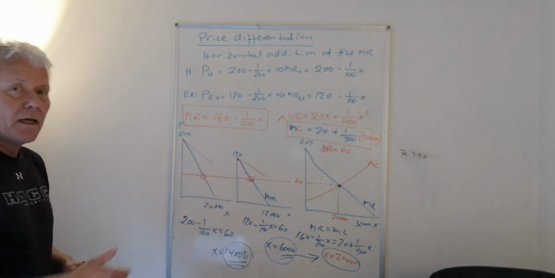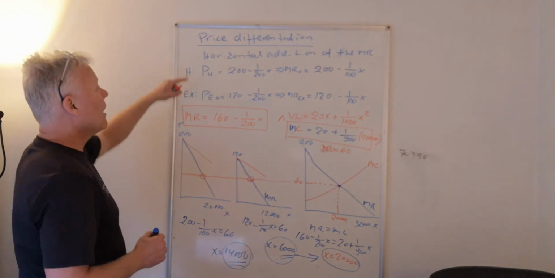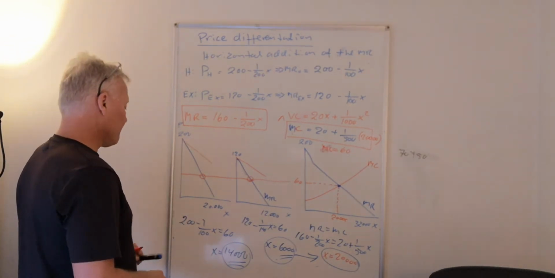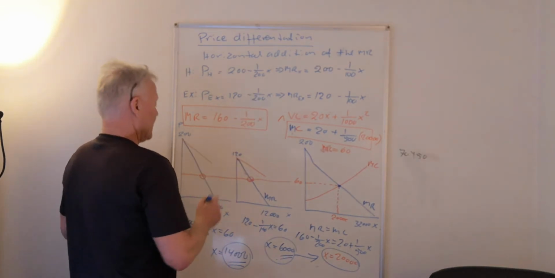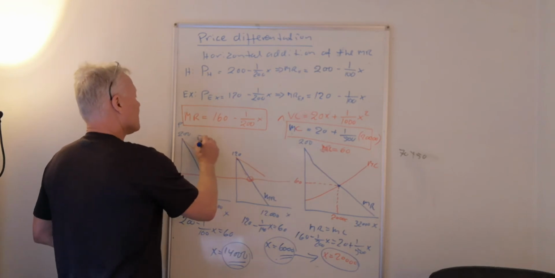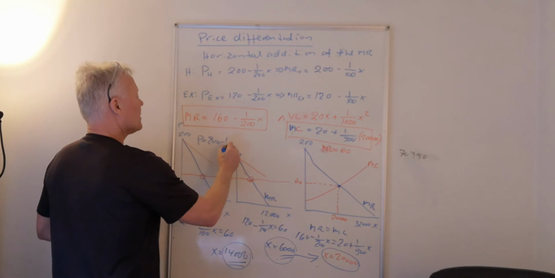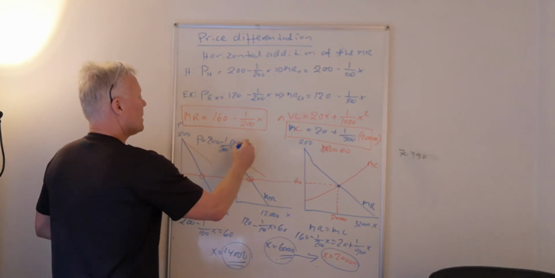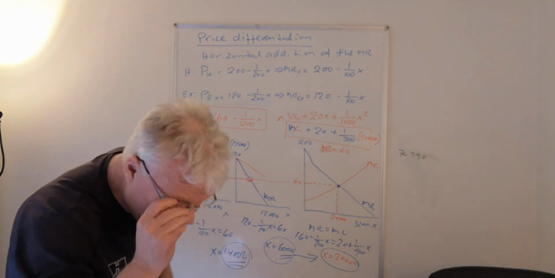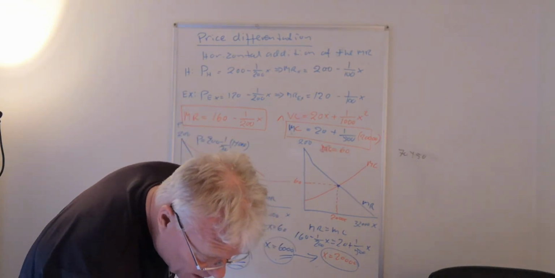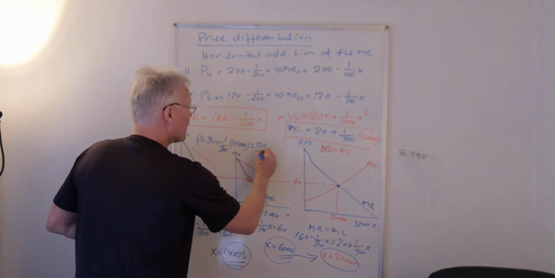So the only thing that I need to do now is to find the price. I'll put 14,000 in here and find the price. The price will be equal to 200 minus 1 over 200 times 14,000, and that gives me a price of 130 on the home market.